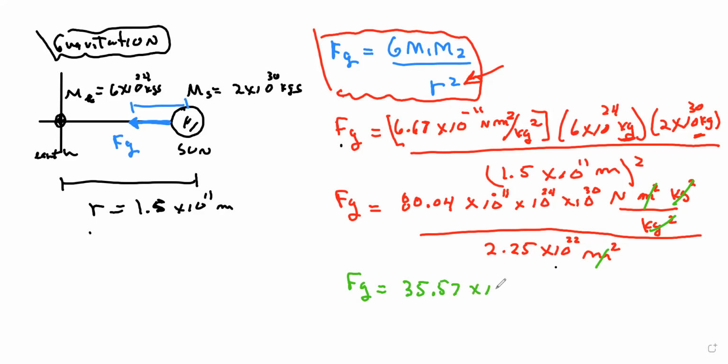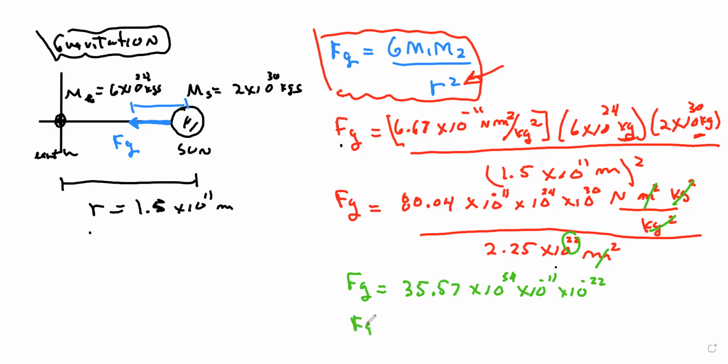which is going to throw you 35.57 times 10 to the, well, 24 plus 30 is going to give you 54, minus 11, minus 22, because this guy goes upstairs.